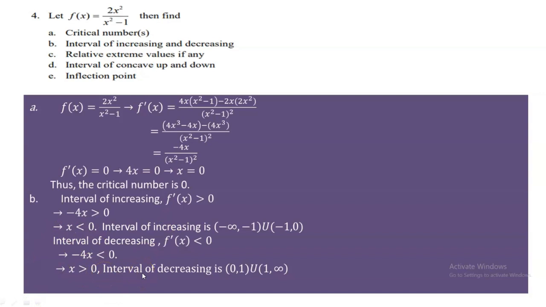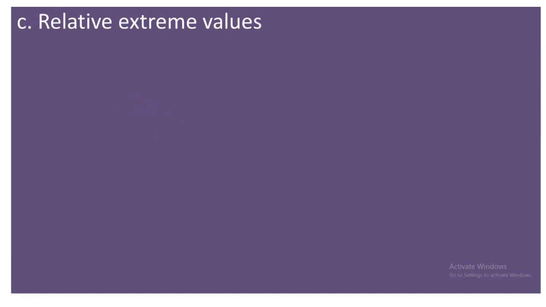So the interval of decreasing is going to be from 0 onward. But here again 1 must be rejected because 1 is not part of the domain. And because of that, 0 to 1, union 1 to infinity is going to be the interval of decreasing. Now next from this we have relative extreme values, and the relative extreme values are nothing but the relative maximum and the relative minimum.